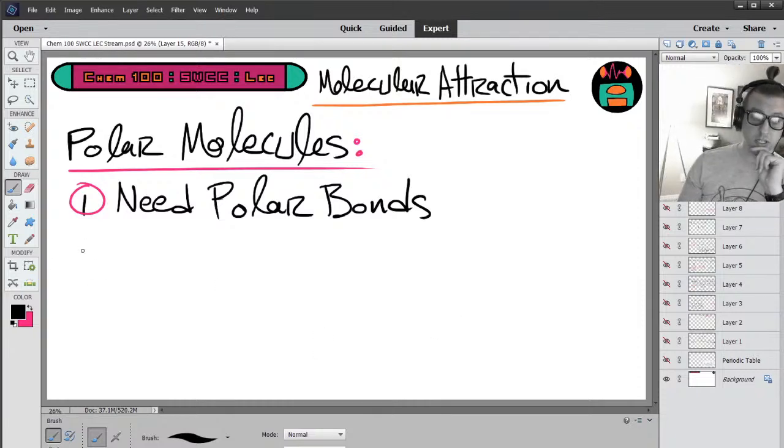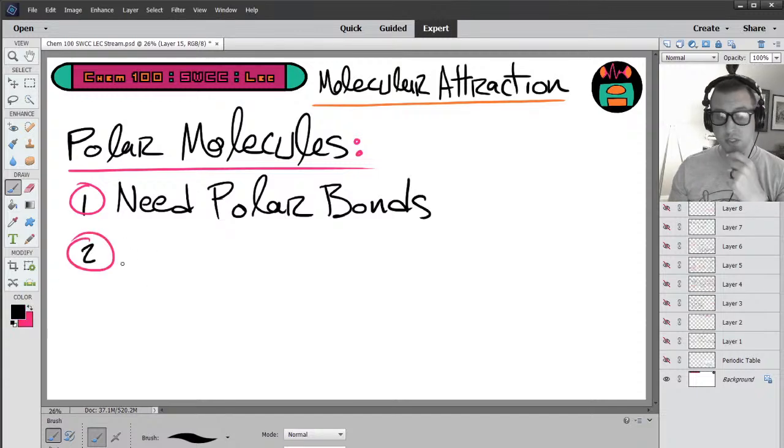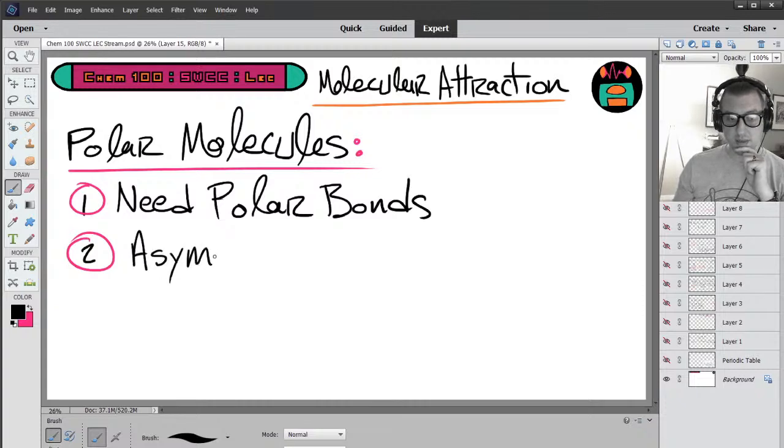In addition to polar bonds, you must also be asymmetric.